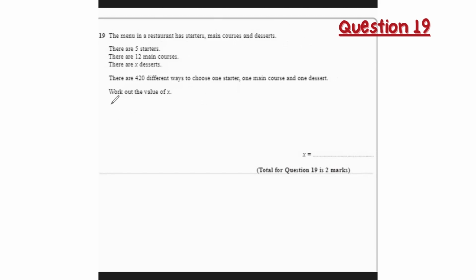So if we make the combination for the starters, that's going to be 5C1 equals 5 factorial over 5 minus 1 factorial times 1 factorial. In case you don't know, the formula for nCr is n factorial over n minus r factorial and then r factorial.